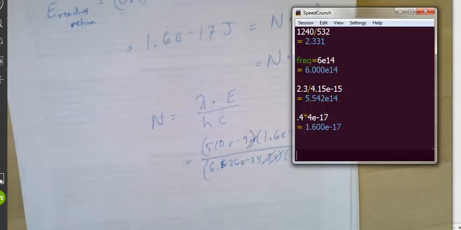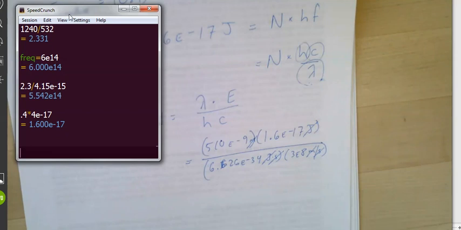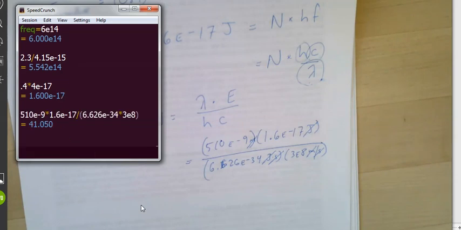Well, let's go ahead and put all those numbers in and see how many photons your eye can actually see. So 510 times 10 to the minus 9 times 1.6 times 10 to the minus 17 divided by, notice that I keep those parentheses there to make sure everything's in the bottom, 6.626 times 10 to the minus 34 times 3 times 10 to the 8th.